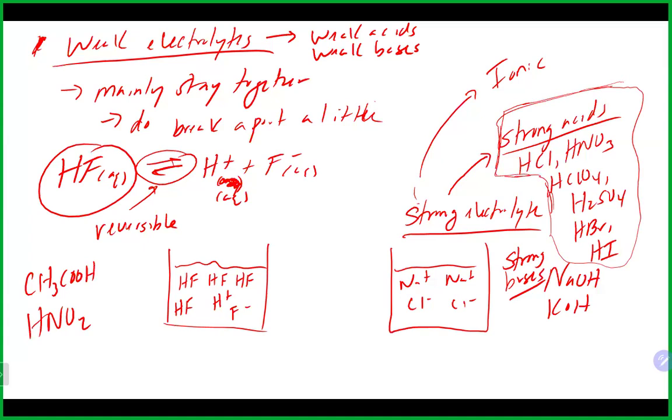If you could recognize it as an acid but not one of those six, then you could probably make a pretty safe bet that it's going to be a weak electrolyte and stay together. In terms of weak bases, ammonia is probably your most common weak base. A lot of organic compounds that contain nitrogen are weak bases as well.